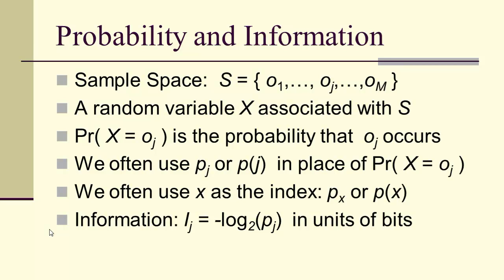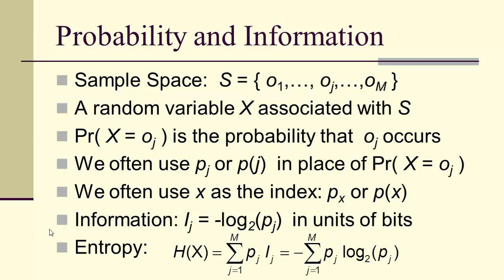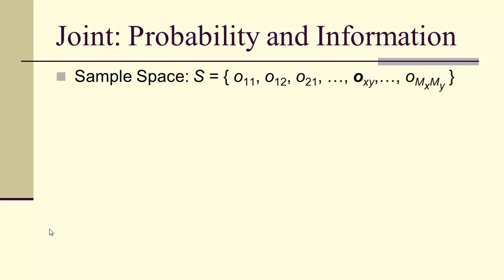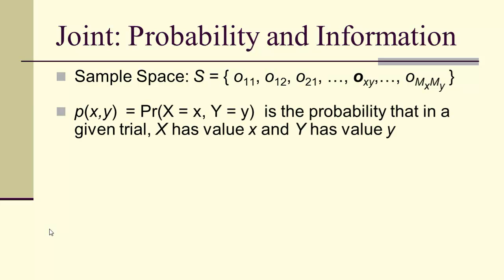Information, we saw, is measured in units of bits defined by a logarithm on a probability. And entropy is the expected self-information or the average information, and is given by this summation. Joint probability, we saw, is essentially the same idea. The sample space has two indices for each outcome. We have two variables, a capital X and a capital Y, and it can take two different collections of values, small x and small y.